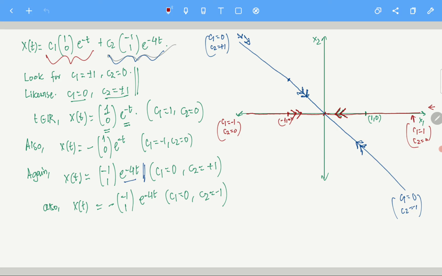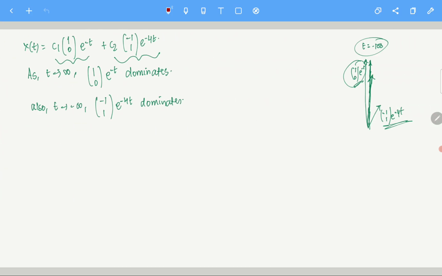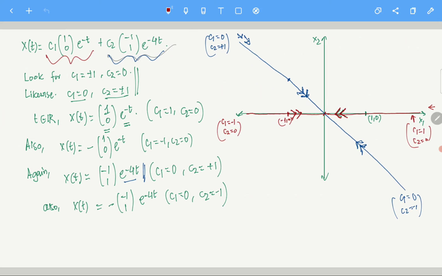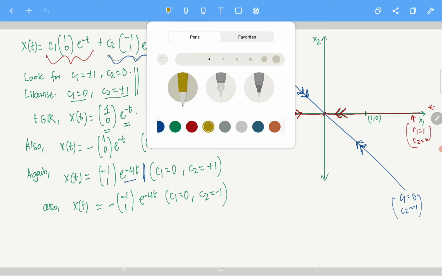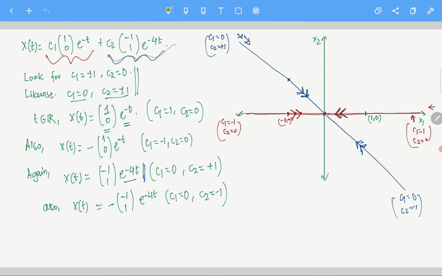What I'm trying to say is, as t tends to infinity, the maroon dominates, and as t tends to minus infinity, e^(-4t) dominates. Let me take a different color, this is better.